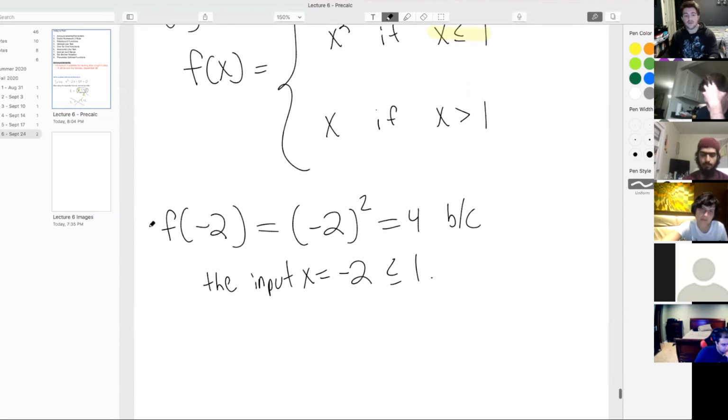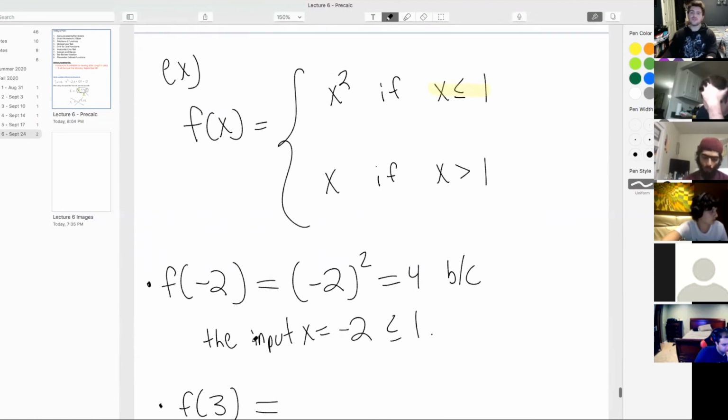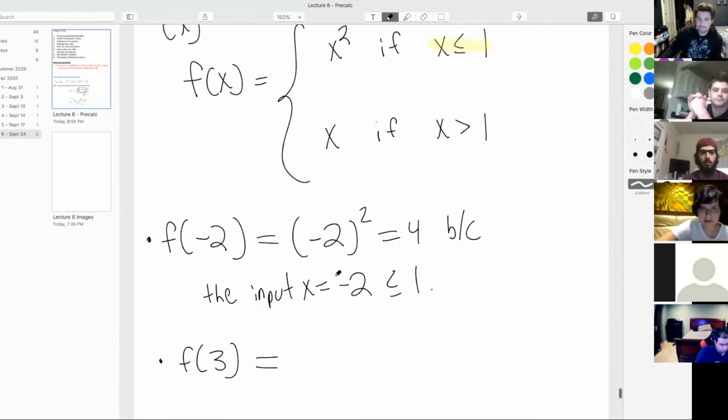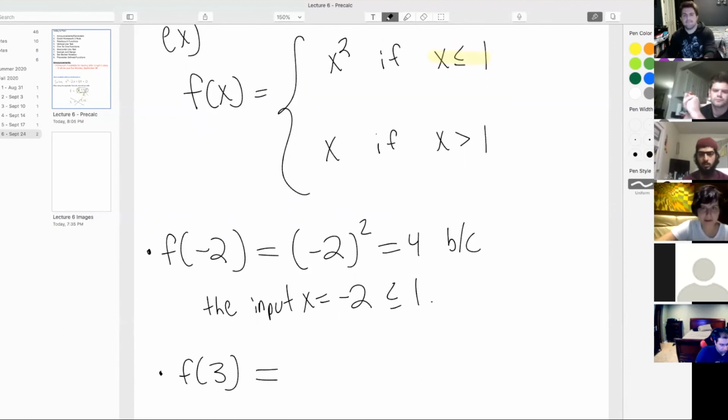All right, how about this one? How about f of 3? Okay, which formula will I use for 3? Does someone want to tell me and why? f of x equals x, because it's greater than 1.